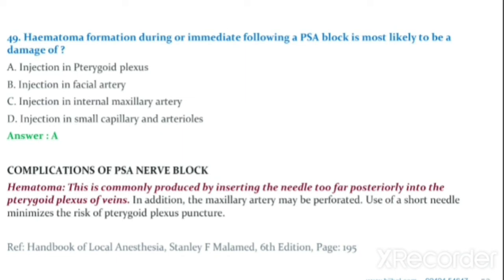In addition, the maxillary artery may be perforated. Use of a small needle minimizes the risk of pterygoid plexus puncture. The reference is from Handbook of Local Anesthesia, Stanley F. Malamed, 6th edition, page number 195.